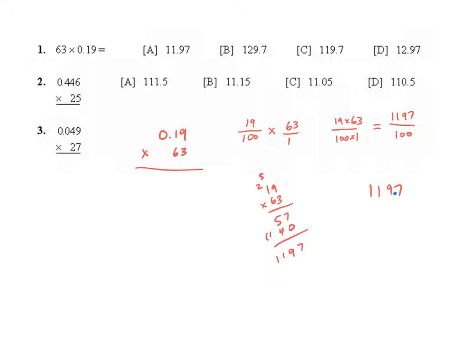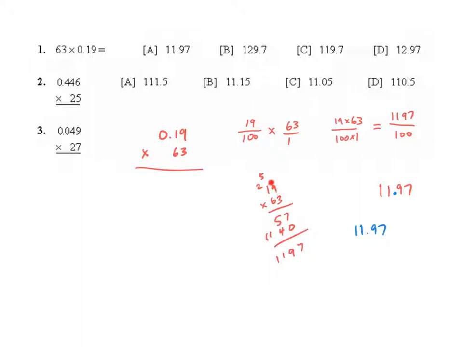Now, in this problem, I want to divide 1,197 by 100. So instead of moving it over one place value, I'm going to move it over two place values, and our answer then to that problem is 11.97.